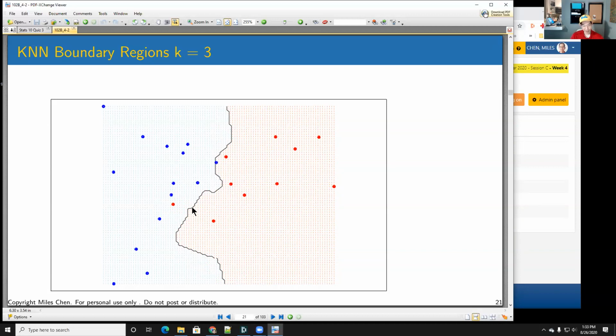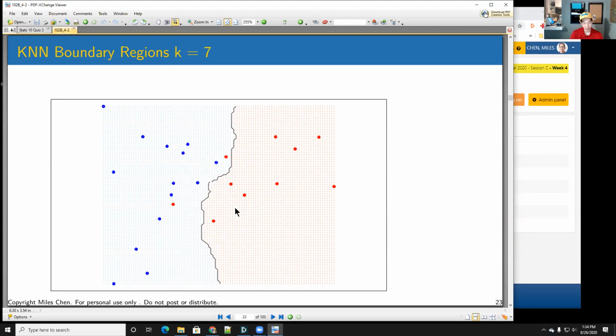The shape of the boundary just changes. With k equal to 5, the boundary also changes shape. There are definitely some strange turns here, and it's all based on which data points are closest.